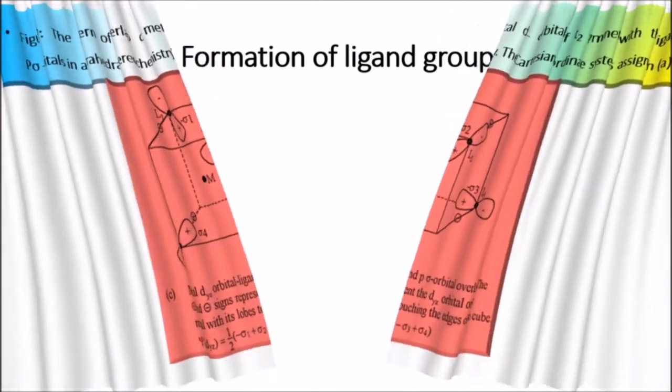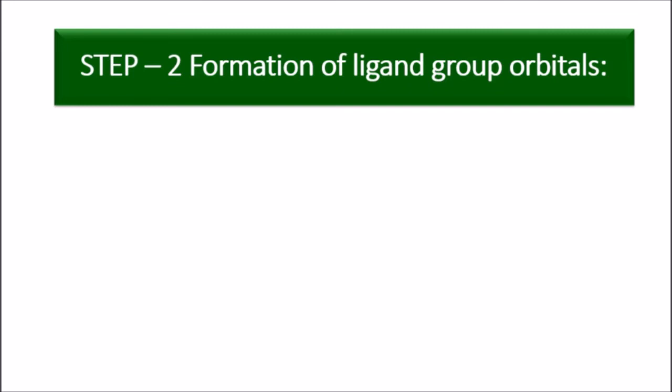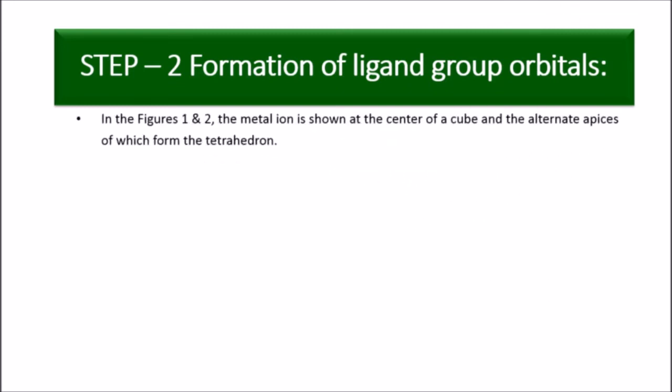After learning this, we need to have a little discussion on this pictorial diagram: in figures 1 and 2 the metal ion is shown at the center of the cube, and at alternate corners of the cube the ligands are arranged in a tetrahedral way.